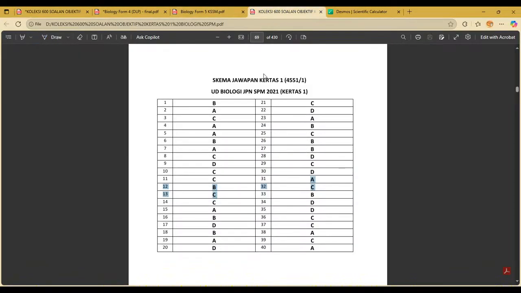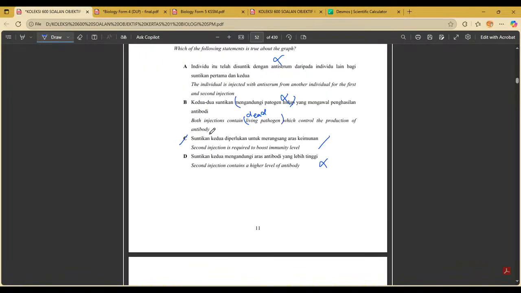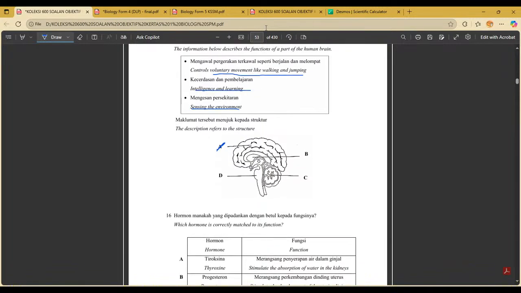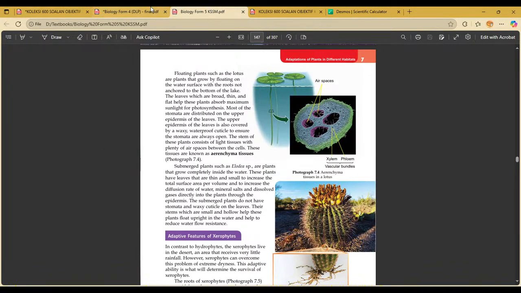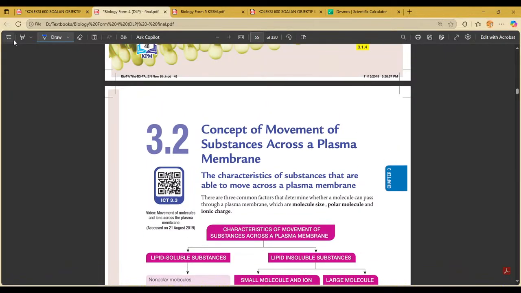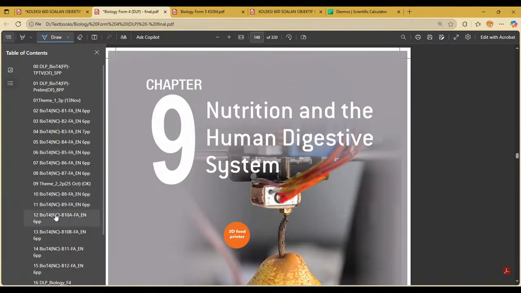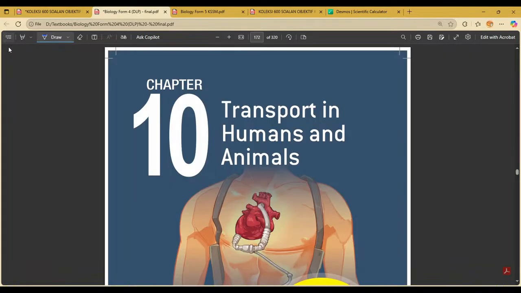15 A, 14 C. What did I have for this? Cerebrum. Where is it?